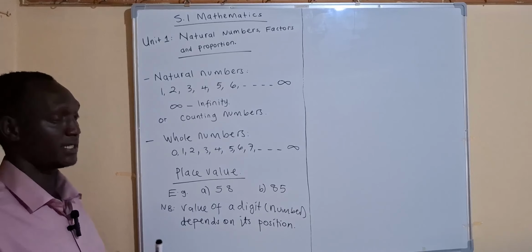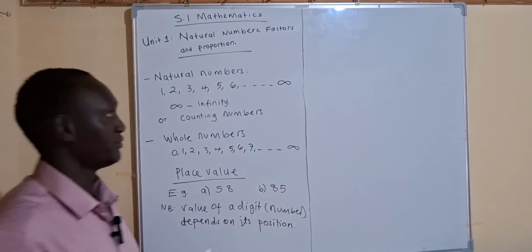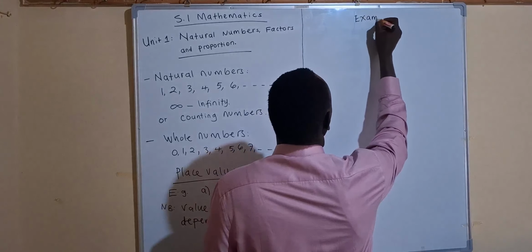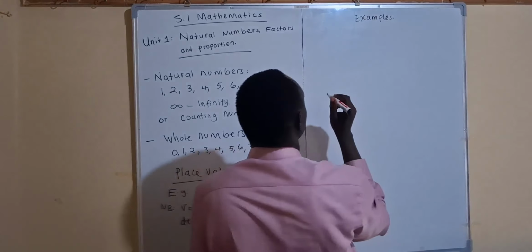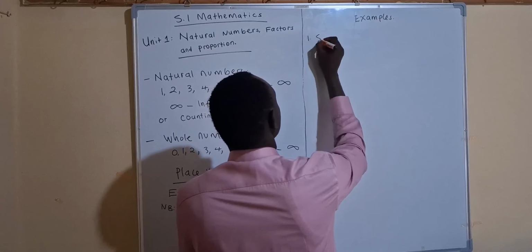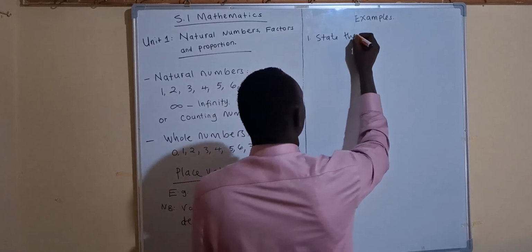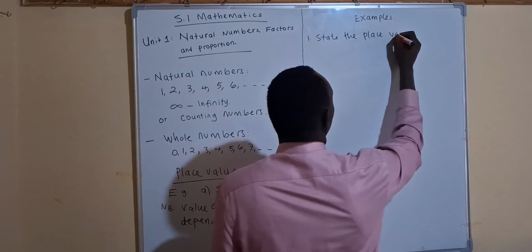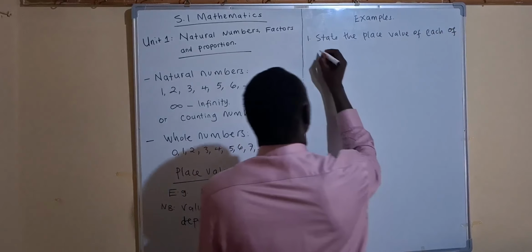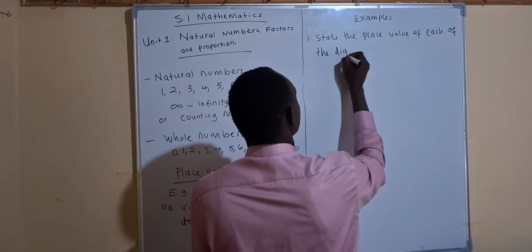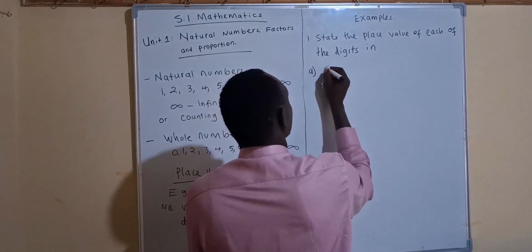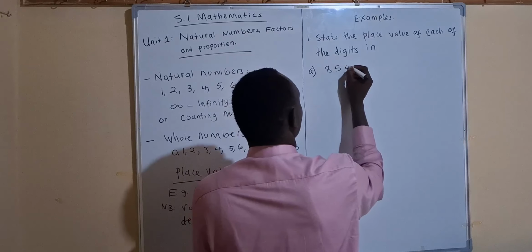Now, let's look at how we can take the place value of numbers. I'm going to start with these numbers here. Example 1: state the place value of each of the digits in A, just 8541.